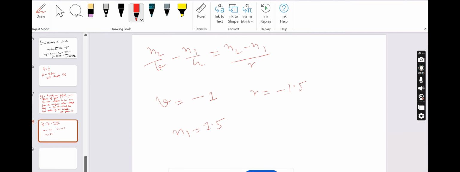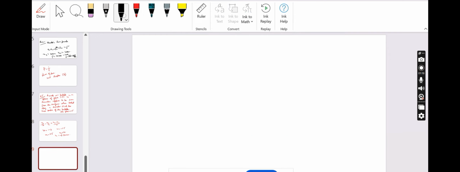If you put all these things, then u is equal to minus 1.12 centimeter.